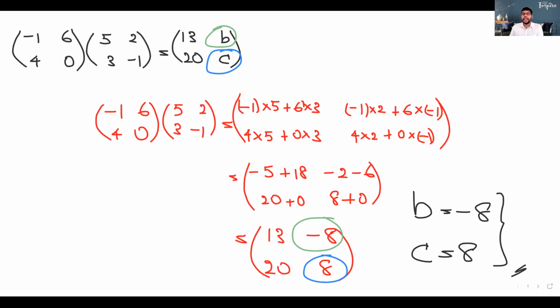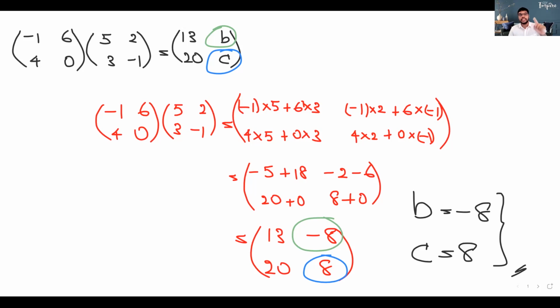So once you do the matrix multiplication, we can simplify it, children. What do you get? Your answer turns out to be the matrix 13, -8, 20, +8. Now this answer, children, should be the matrix given on the right hand side, isn't it? Right? So you can see the first column is correct. Our answers have 13 and 20, which is indeed the first column in our matrix.